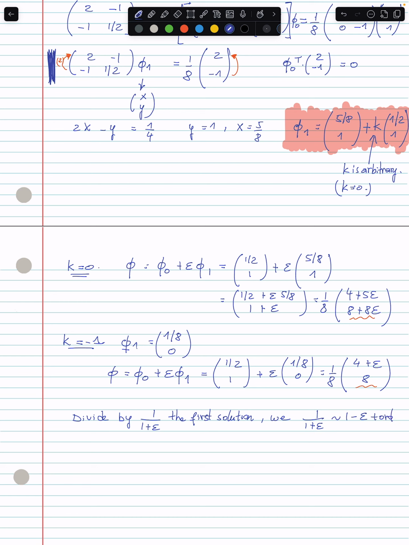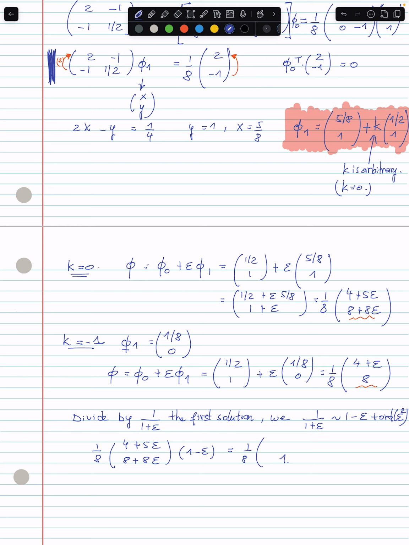All right, so instead of dividing by 1 plus epsilon, I will just take the first eigenvector, this quantity, and 8 plus 8 epsilon, and I will just multiply this by 1 minus epsilon. Or divide by 1 plus epsilon, this is the same story.